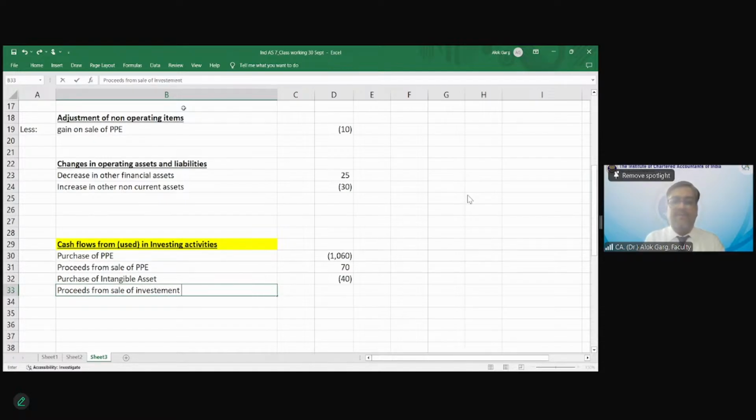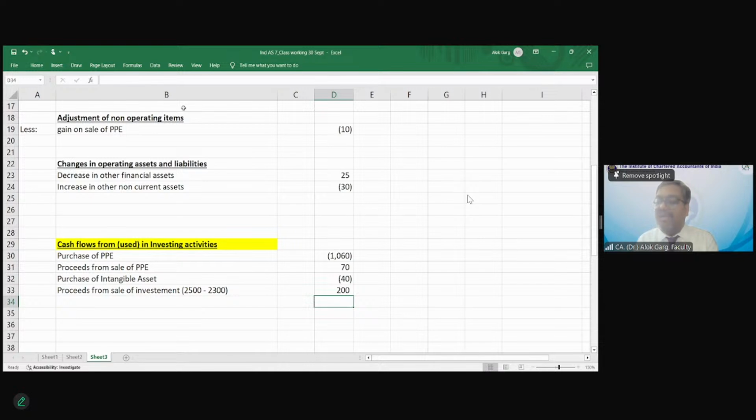It was 2500. In the closing, it is 2300. So what is my proceeds from sale of investment? 2500 minus 2300. This is positive or negative? Positive. Proceeds से पैसा आया या गया? Sales से आया. It has come in. So positive.